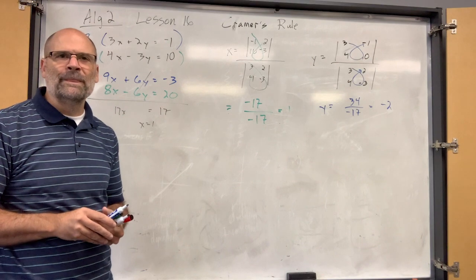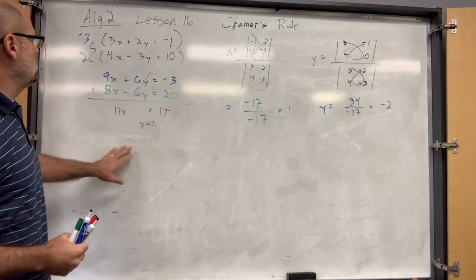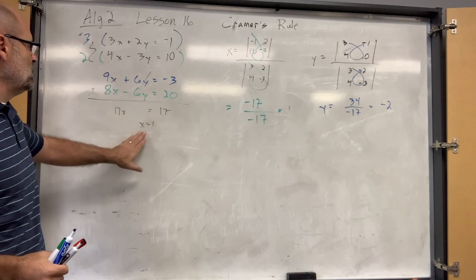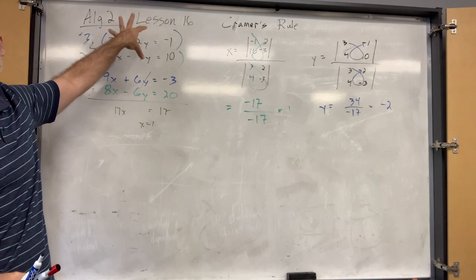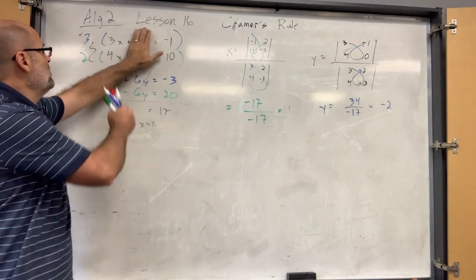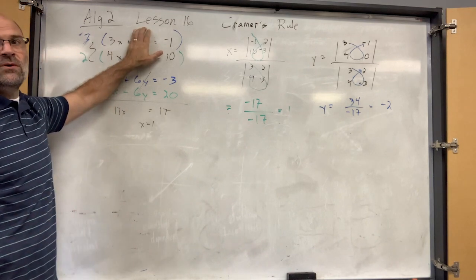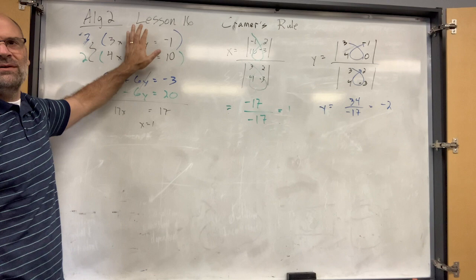Yes? How do you find y using the elimination way? Once you find x, you can find y by just substituting 1 in for x. Or you could eliminate the x's by multiplying this by like negative 4 and this by positive 3, and then you get a 12 and negative 12, right?